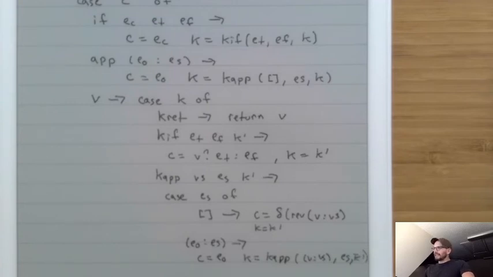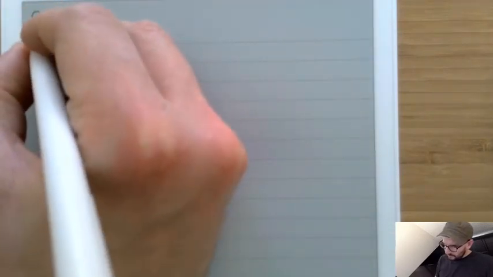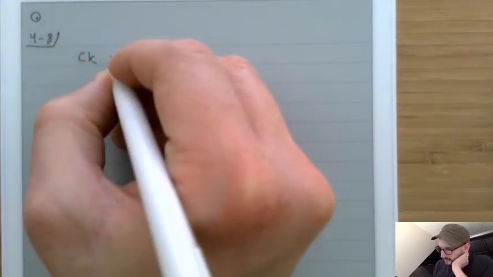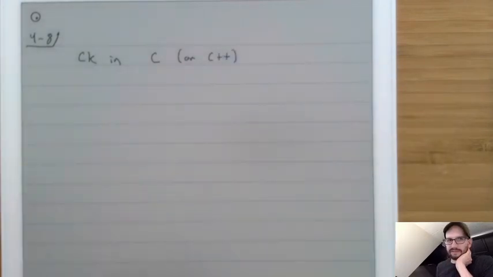Now, the last thing that I want to mention is that in the assignment, I highly recommend that you structure your code in the following way. I highly recommend that you write your CK function in C, or maybe C++ if you prefer that.